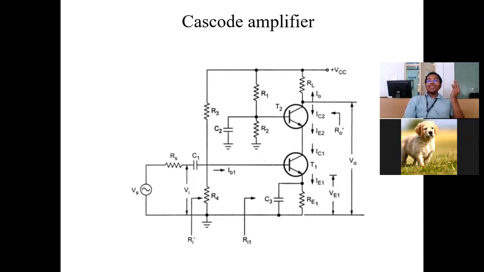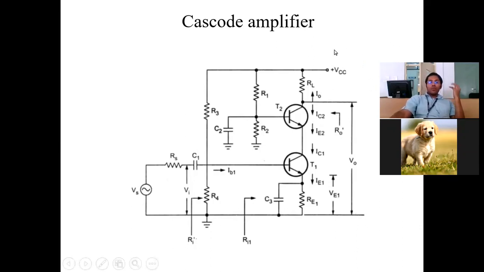Why? When I say AC analysis, I mean there should not be any DC component. No DC component means in the circuit I should replace this by 0 volt. 0 volt is ground.